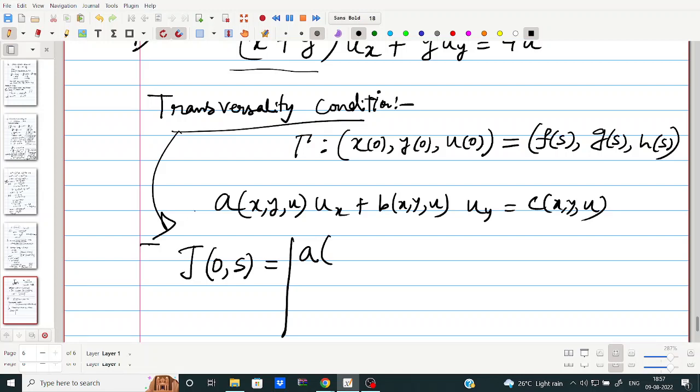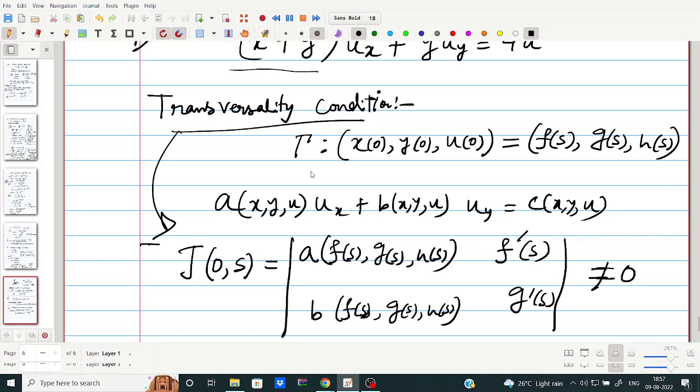If this determinant is non-zero, then the transversality condition is satisfied.